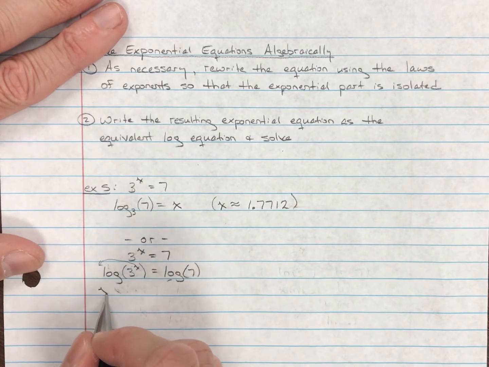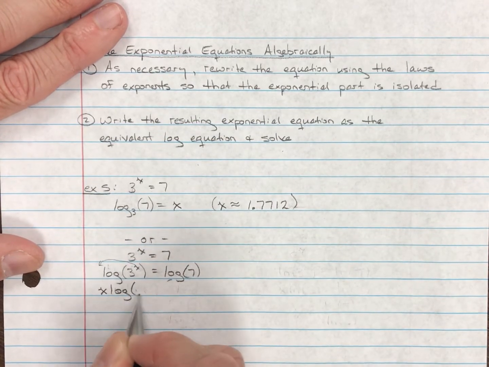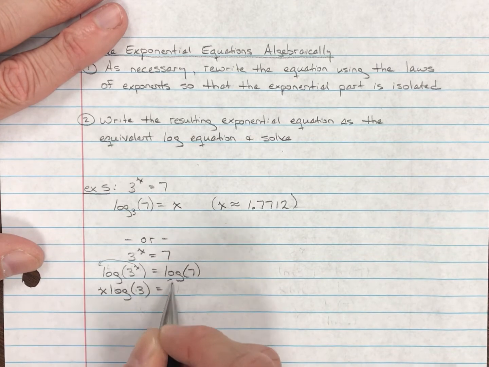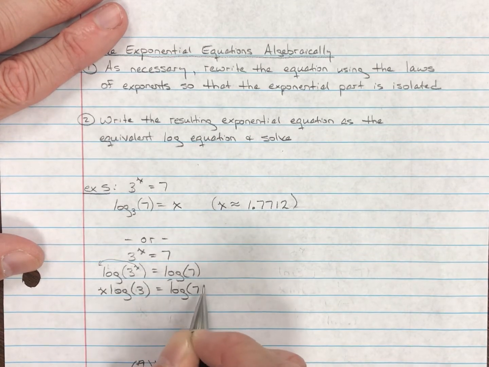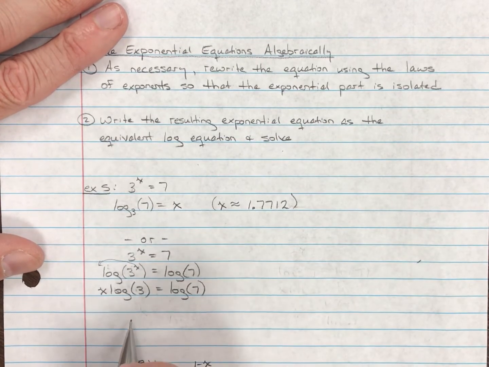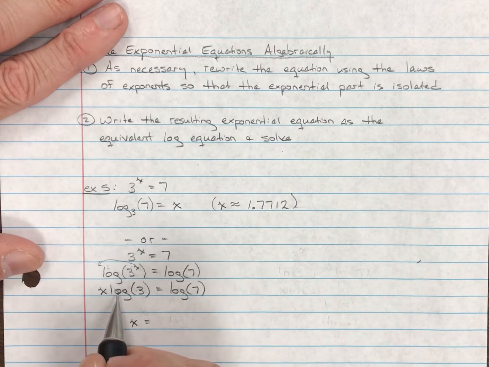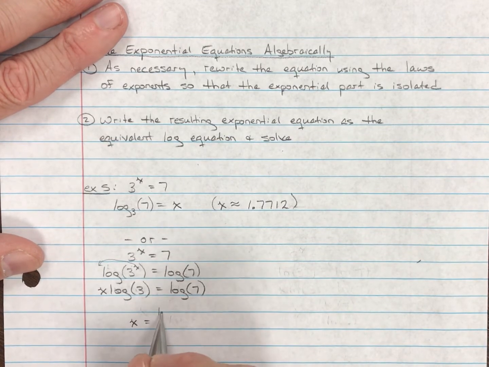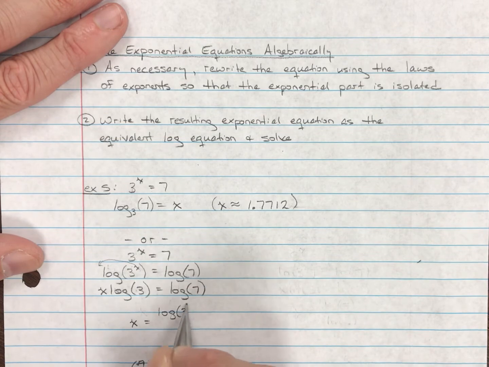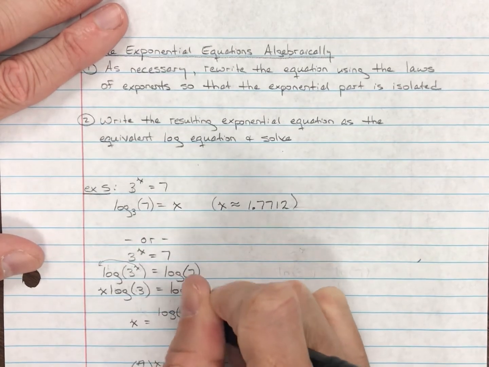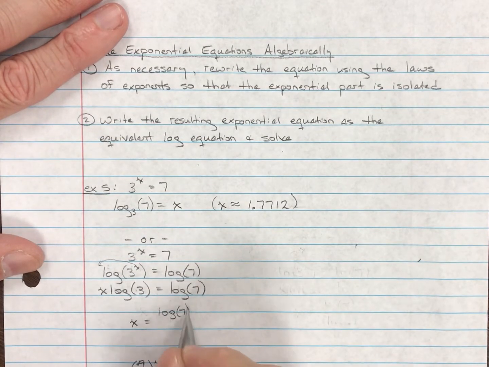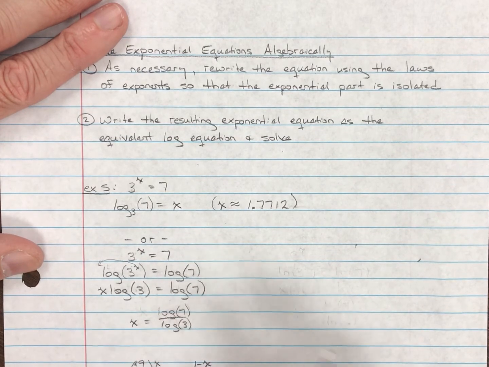So I have x times the log of 3 is equal to the log of 7. And I can solve for x by dividing both sides by the log of 3. The log of 7 divided by the log of 3.